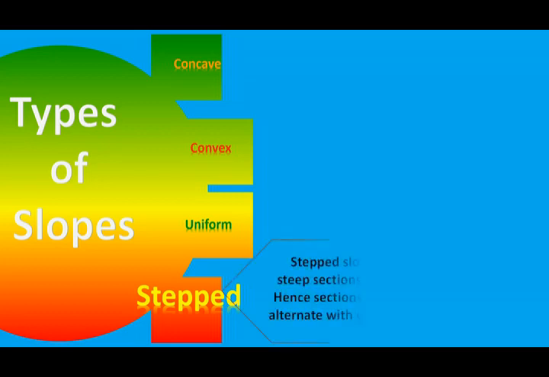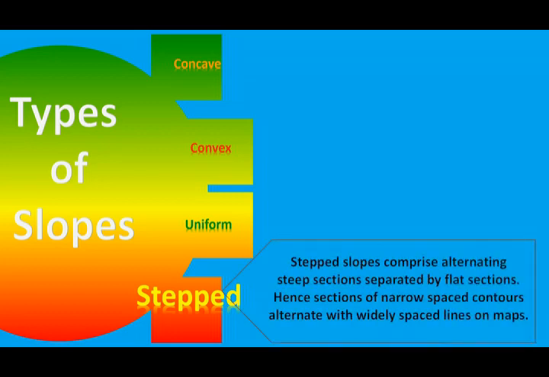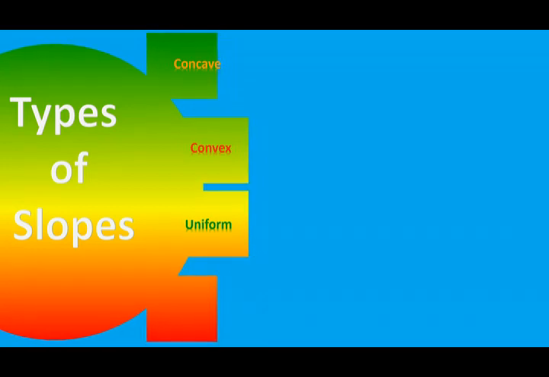Stepped slopes comprise alternating steep sections separated by flat sections. Hence, sections of narrow-spaced contours alternate with widely spaced lines on maps.